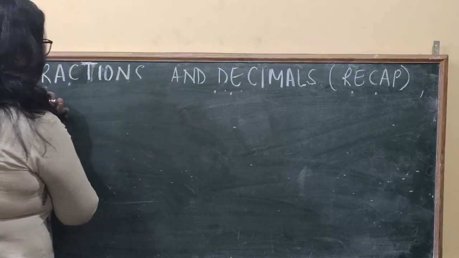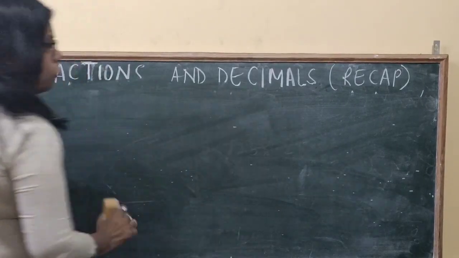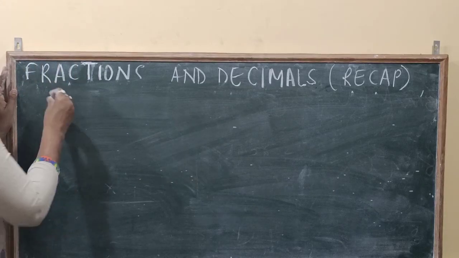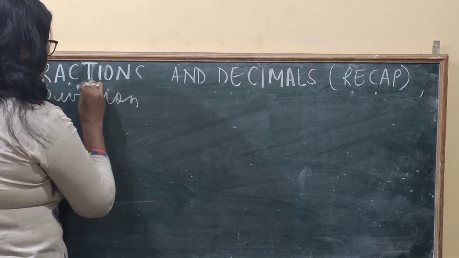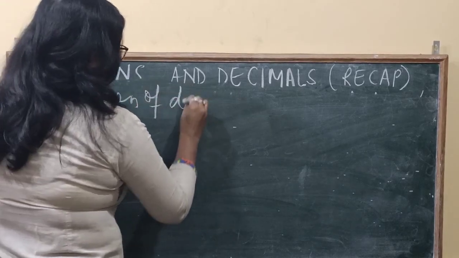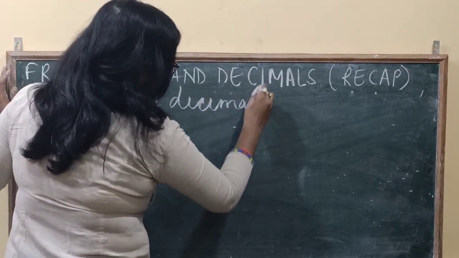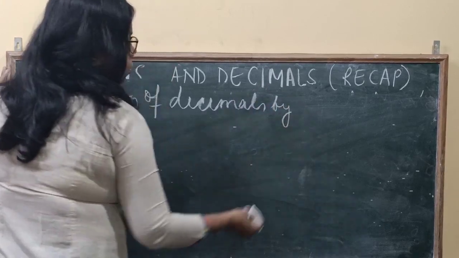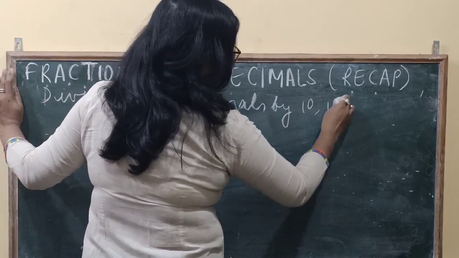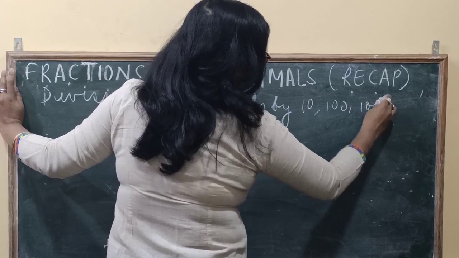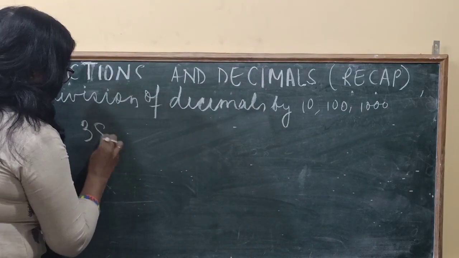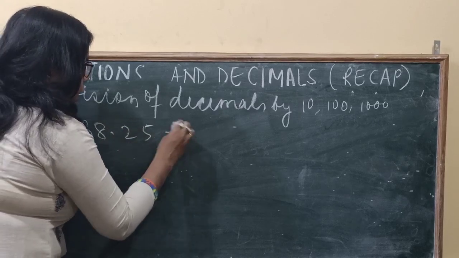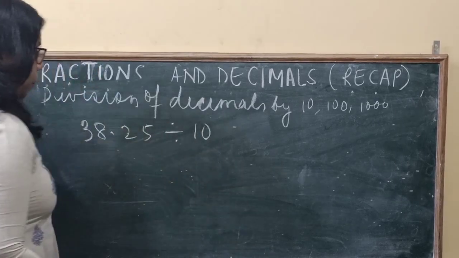Next we will do division of decimals. Dividing by 10, 100 or 1000. So let us see this. 38.25 divided by 10.